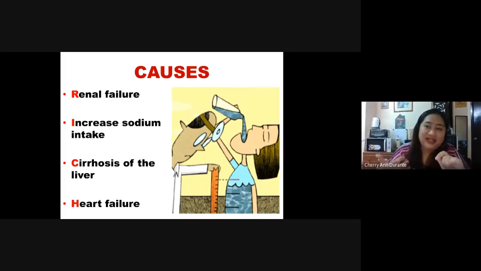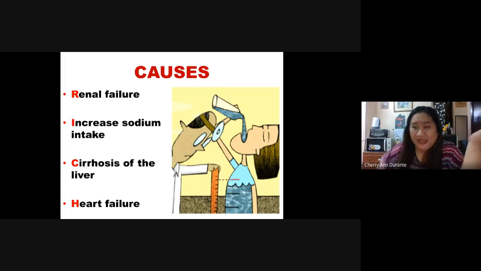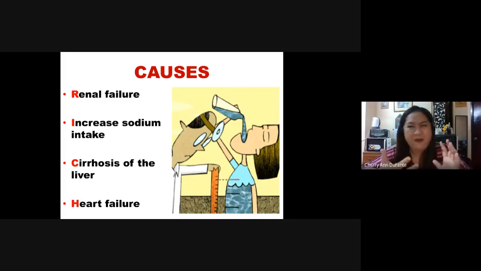Kung naalala niyo pa sa discussion niyo, you have jugular vein distension, you have ankle edema, ascites, liver or portal hypertension. So, meron kang fluid volume excess kapag meron kang heart failure, because the heart cannot pump the blood appropriately anymore. That's why it leads to your fluid volume excess.